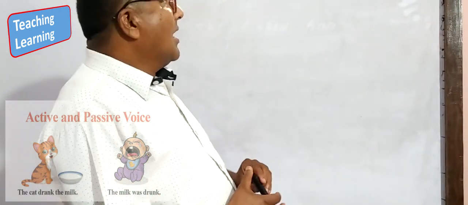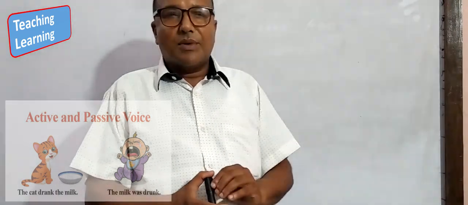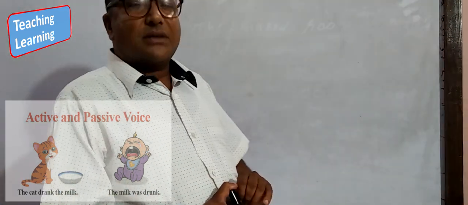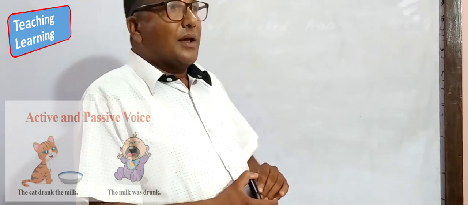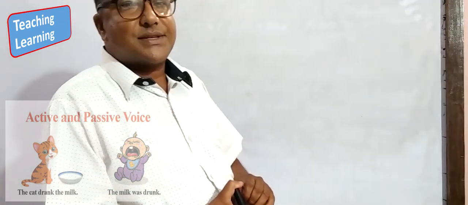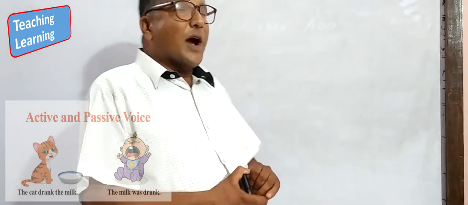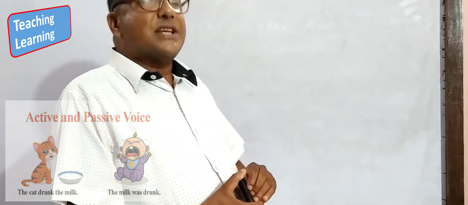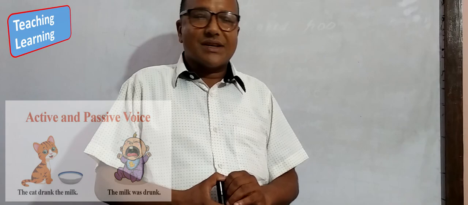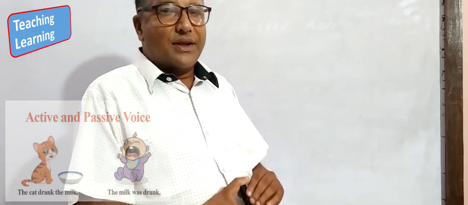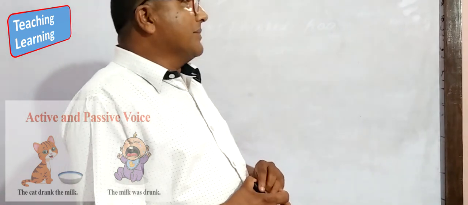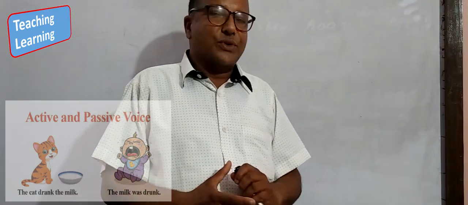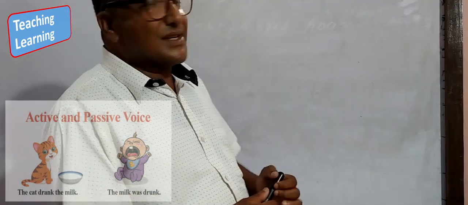Now I am going to teach you about the most important part of the grammar sector of English. It is voice. Voice is used for external writing, external speaking, free writing, report writing, etc. Among them, today I will describe two kinds of voice.